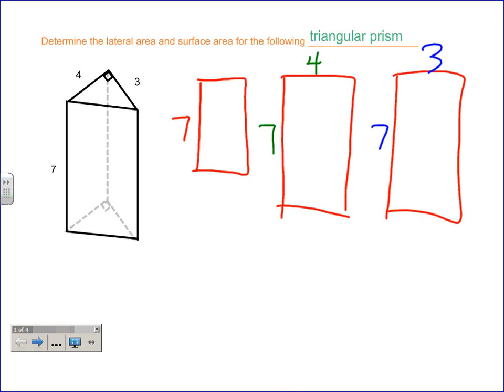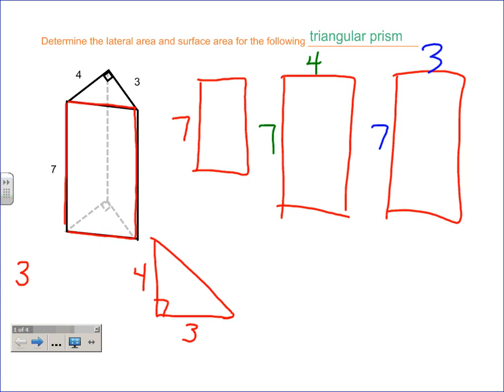Has anybody looked at the problem and figured out how we could get how wide that one is? Yes? Yeah, if you take a look at the base, it is a right triangle, and this is 3, and that is 4. Agreed? Can we use the Pythagorean theorem to find that other side? Yeah, it's a right triangle. We can do that. Does anybody happen to remember that is a triple? It is 3, 4, 5, exactly.